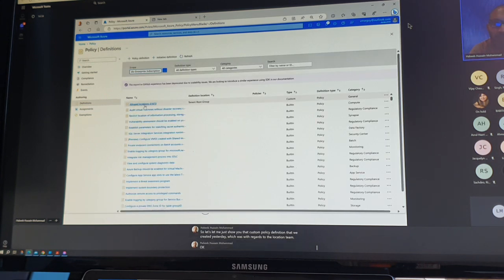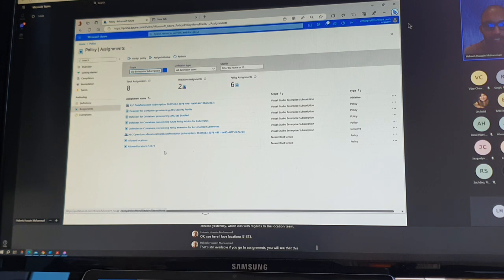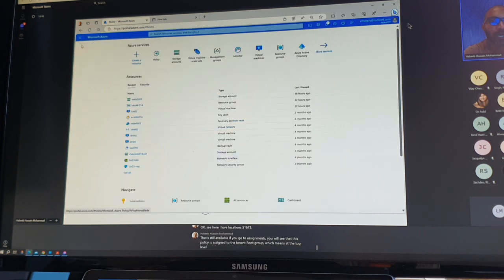Okay, see here, that's still available. If you go to assignments, you will see that this policy is assigned to the tenant root group, which means at the top level.